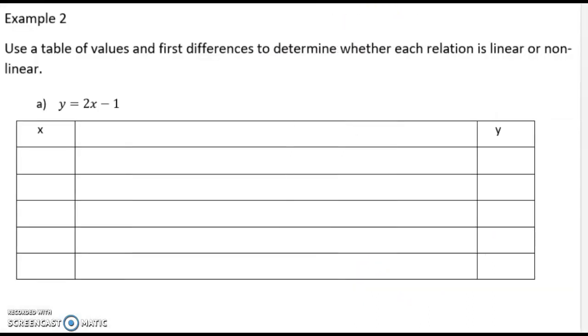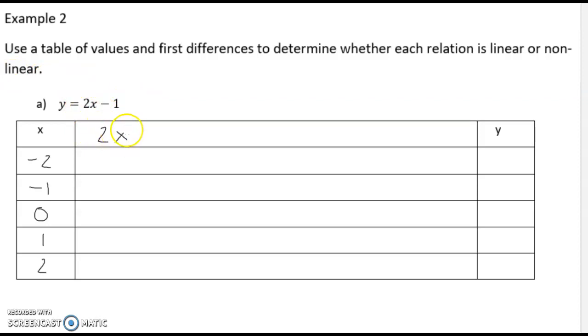Okay, next page. Example 2. It says use a table of values and first differences, so that's what we just did, to determine whether a relationship is linear or nonlinear. So the first one, I'm going to give you the numbers. So I'm going to do -2, -1, 0, 1, and 2. So we're going to take this equation and just sub it in right here.